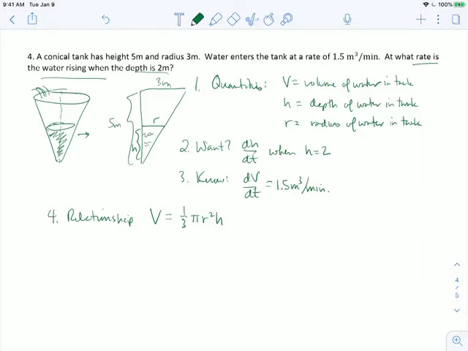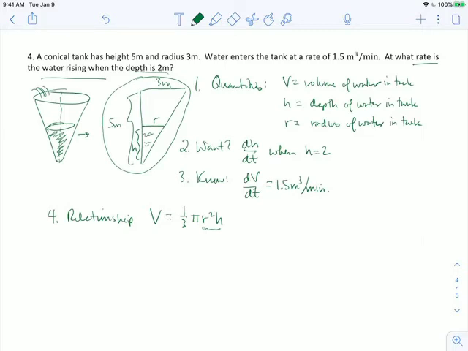Now, before we actually do any implicit differentiation, I want to try to come up with another relationship between R and H, so I don't have to differentiate using the product rule here. And so if I come back and look at this right here, I do have right triangles again, but I'm not going to use the Pythagorean theorem.